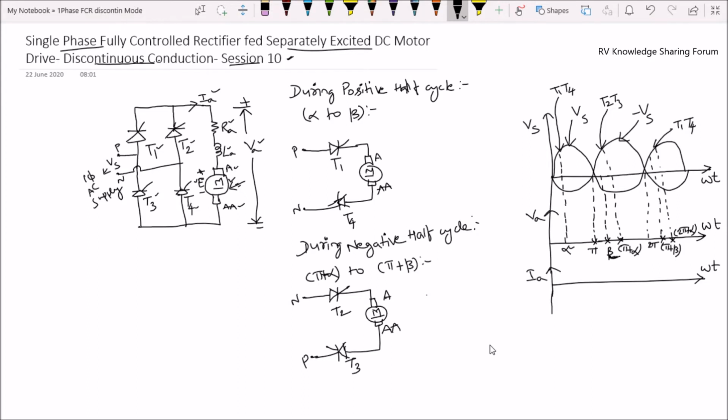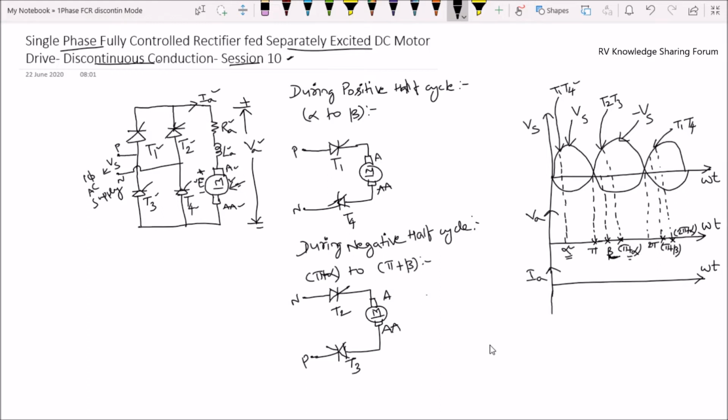Now let me clarify the difference between the continuous conduction and the discontinuous conduction. In our previous session we discussed continuous conduction, in which the current flowed from the angle alpha to pi plus alpha in the thyristors T1 and T4.